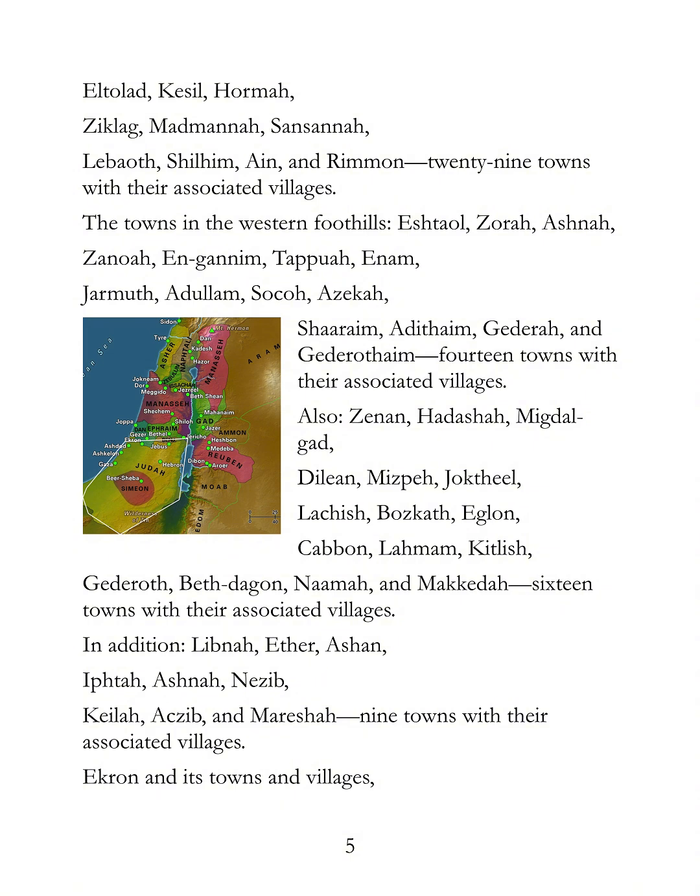Also, Zenan, Hadashah, Migdal Gad, Dilean, Mizpeh, Joktheel, Lachish, Bozkath, Eglon, Kabbon, Lahmam, Kitlish, Gederoth, Beth-Dagon, Naamah, and Makkedah, 16 towns with their associated villages. In addition, Libnah, Ether, Ashan, Iphtah, Ashnah, Nezib, Keilah, Achzib, and Mareshah, 9 towns with their associated villages. Ekron and its towns and villages.